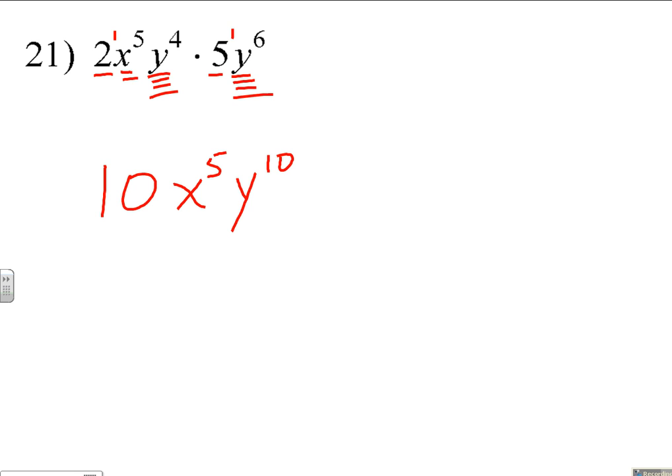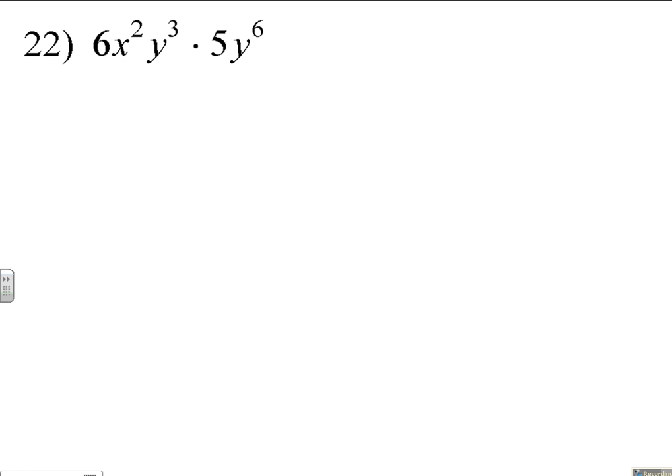A total of 10 y's. Likewise, plain old 6, plain old 5, 30. X's, 2. Y's, 3 and 6. That's not 6 groups of 3, that's 3 y's and 6 y's, total of 9 y's. Should be pretty simple.